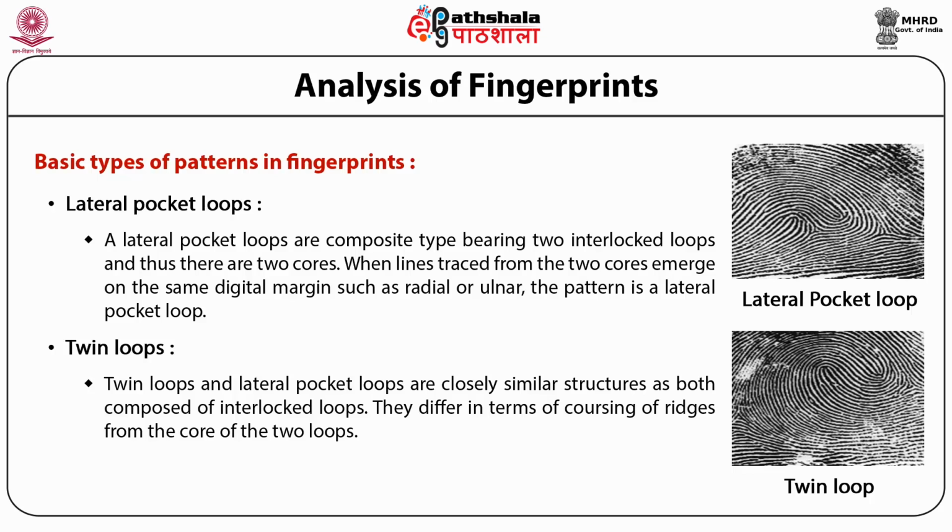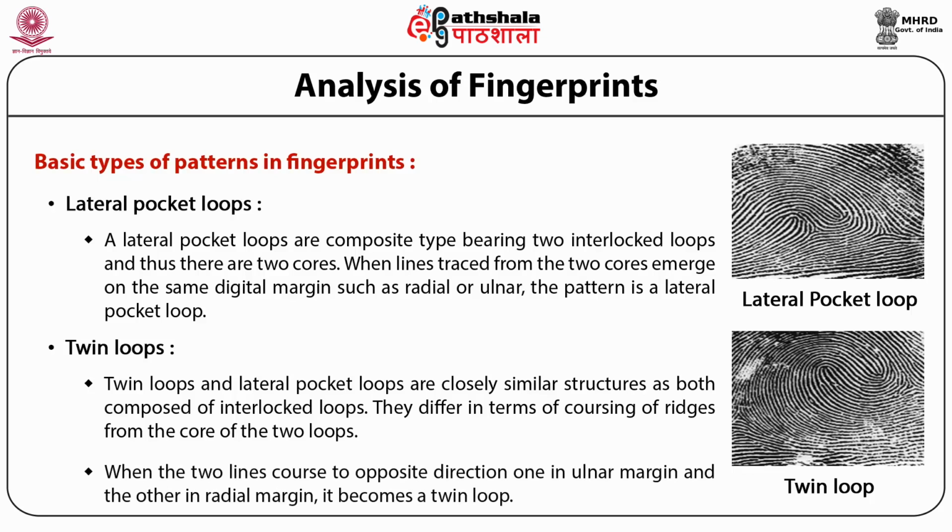Thus, the distinction between them is of importance in the domain of identification and analysis of print. They differ in terms of coursing of ridges from the core of the two loops. When two lines course in opposite directions, one in ulnar margin and the other in radial margin, it becomes a twin loop.